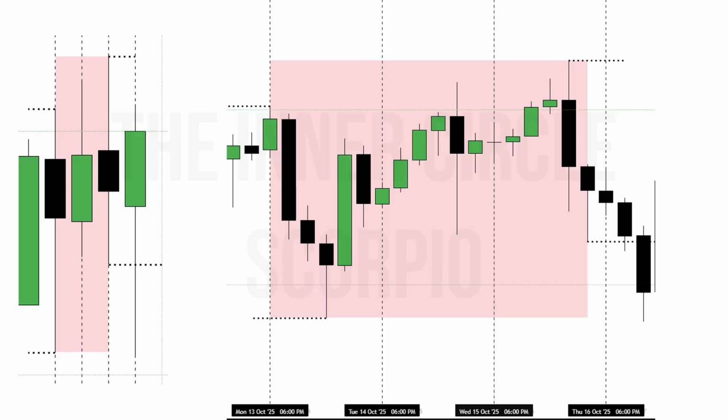Now, I want to give you an example of how we can look at a daily chart over here and a 4-hour chart here. The section on the left is the daily chart, while the section on the right is a 4-hour chart. And I have added these lines here for your reference as to when we reach that place.